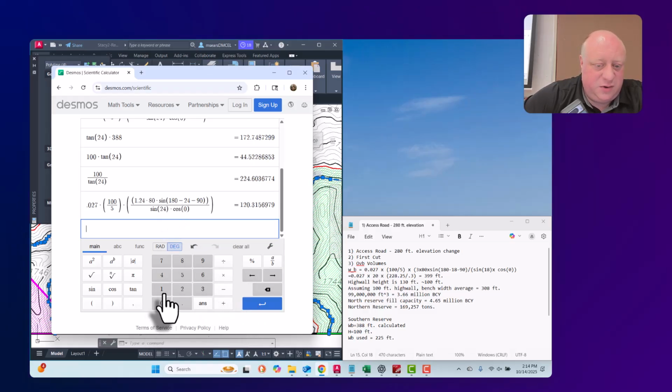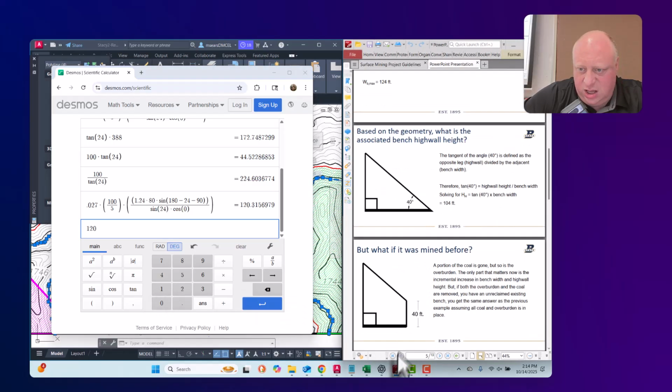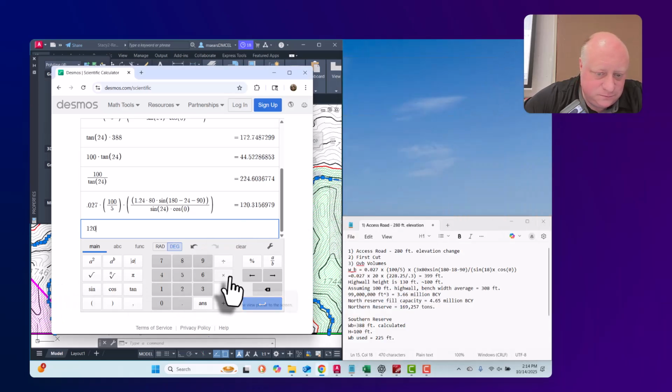If we take that 120 and multiply it by the tangent of 24, we get roughly 50 feet, and so that cuts our high wall height and our bench width down pretty good.